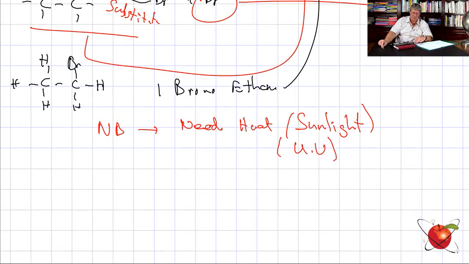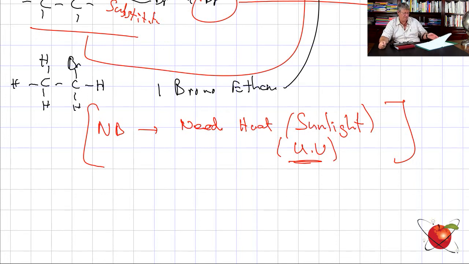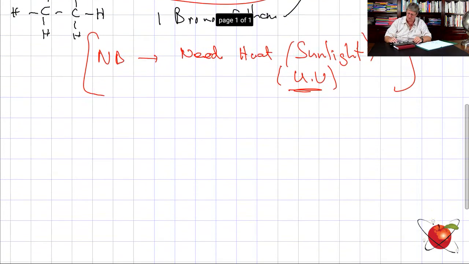So when they tell us they're going to give us reactions, and they say this happens in the presence of ultraviolet light, the moment you see that, you know that it's going to be this substitution reaction over here. That was 5A.